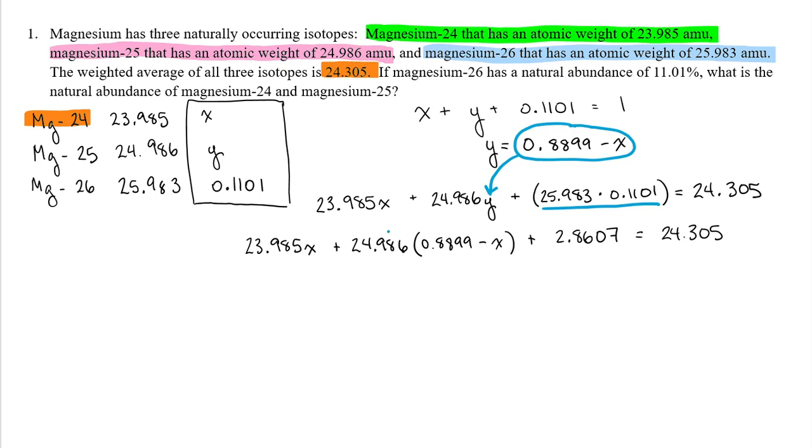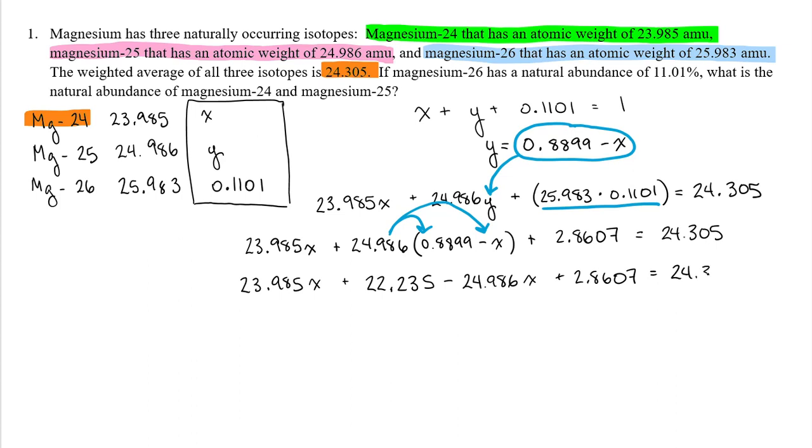Next, I am going to distribute. 23.985x plus, I'm sorry, 24.986 times 0.8899 is 22.235, minus 24.986x plus 2.8607 equals 24.305.